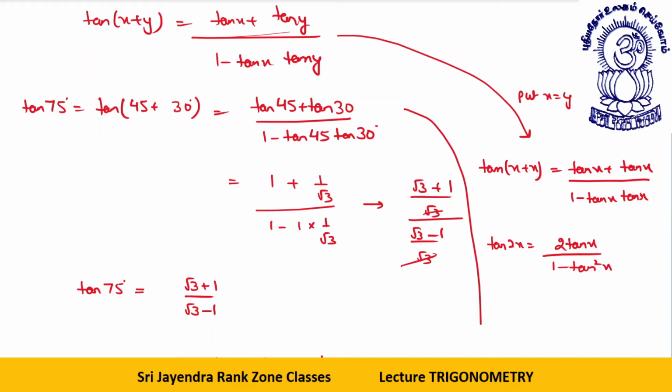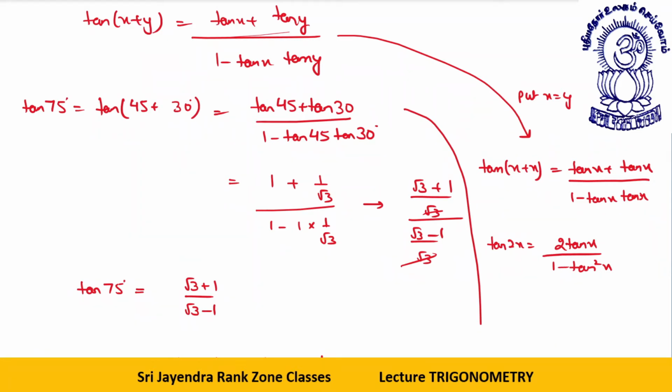A very good question. One by four into root 3 cos 24 minus sin 24.